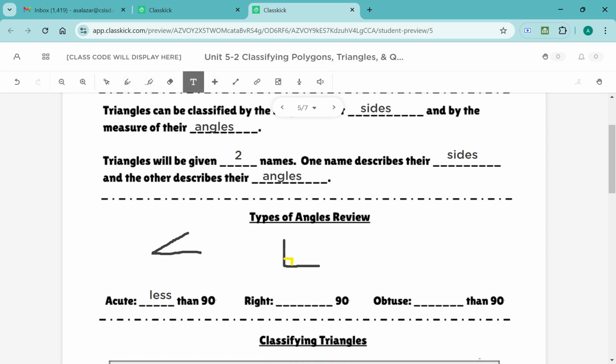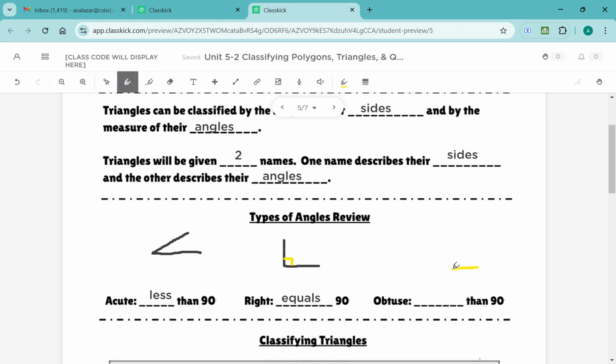So a right angle is equal to 90 degrees. An acute angle would be anything smaller than this. So imagine your angle doesn't open up as much as the right angle. It's smaller.